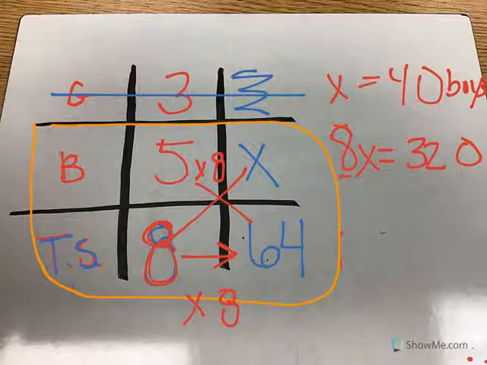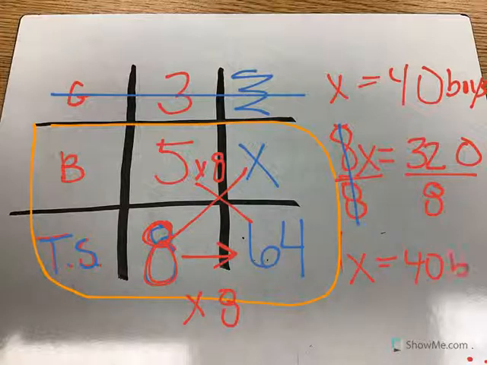I need to isolate the x. I'm multiplying by 8. The inverse is dividing by 8. And whatever you do to the left side, you do to the right side. 320 divided by 8 is, that's right, 40. Either way, you're going to get 40 boys.